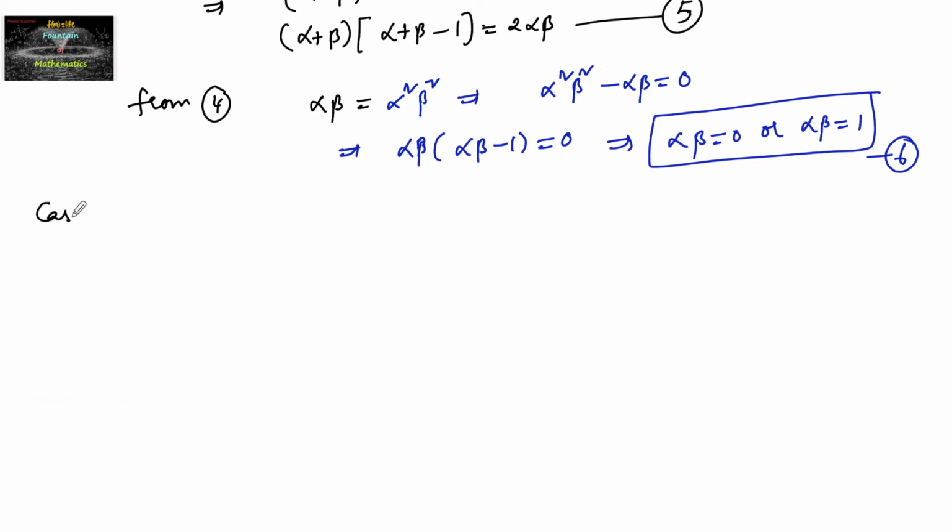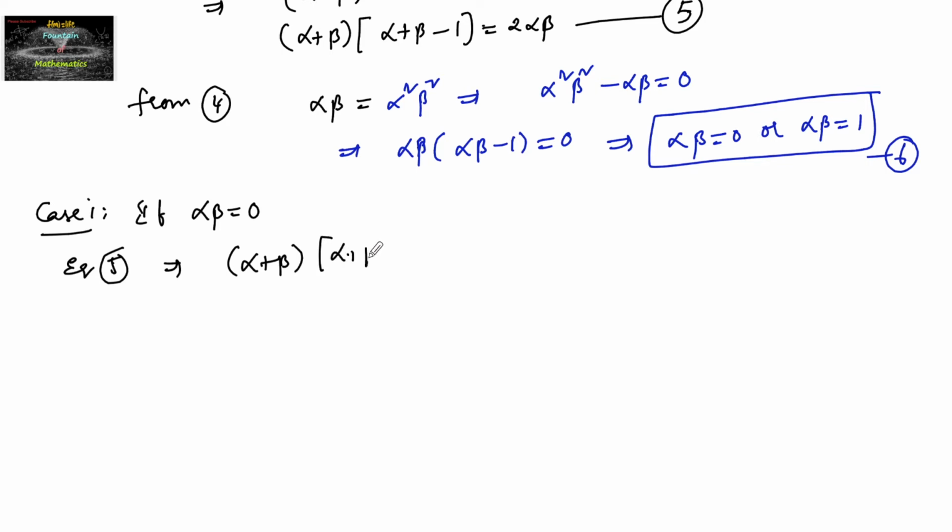Case 1: if alpha beta is equal to 0. So what happens from the fifth equation? Equation 5 implies alpha plus beta into alpha plus beta minus 1, which is equal to 2 into alpha beta, that is 2 into 0, which is equal to 0.